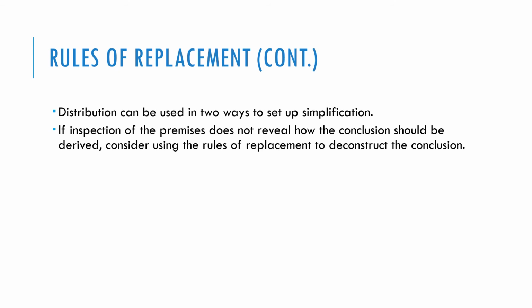Also, distribution can be used in two ways to set up simplification, and note that inspection of the premises does not reveal how the conclusion should be derived. Consider using the rules of replacement to deconstruct the conclusion, which again essentially means that we might need to replace one propositional form with another in order to derive certain conclusions.